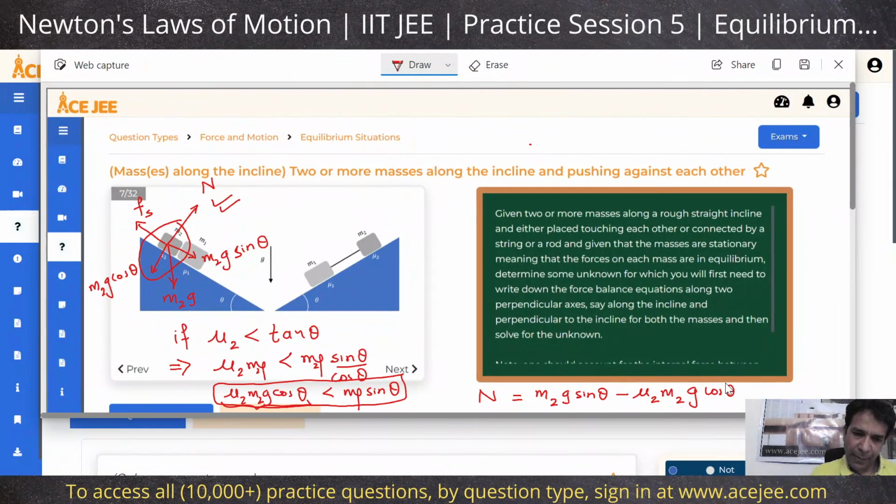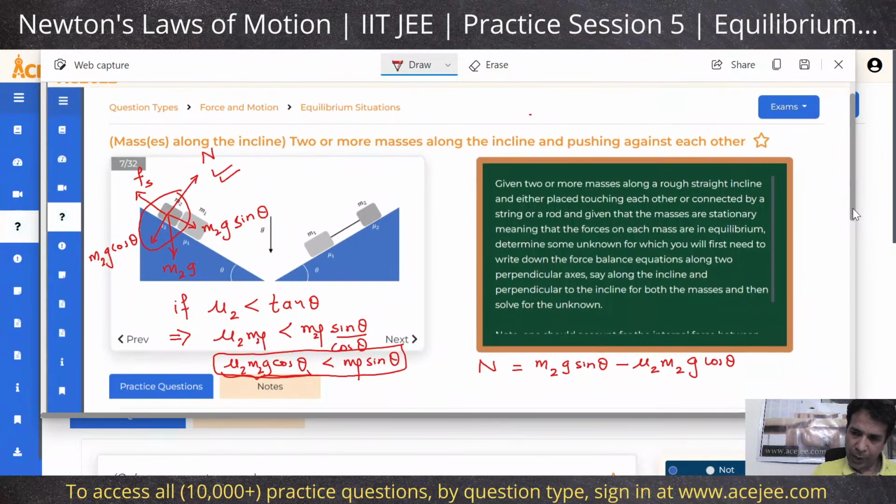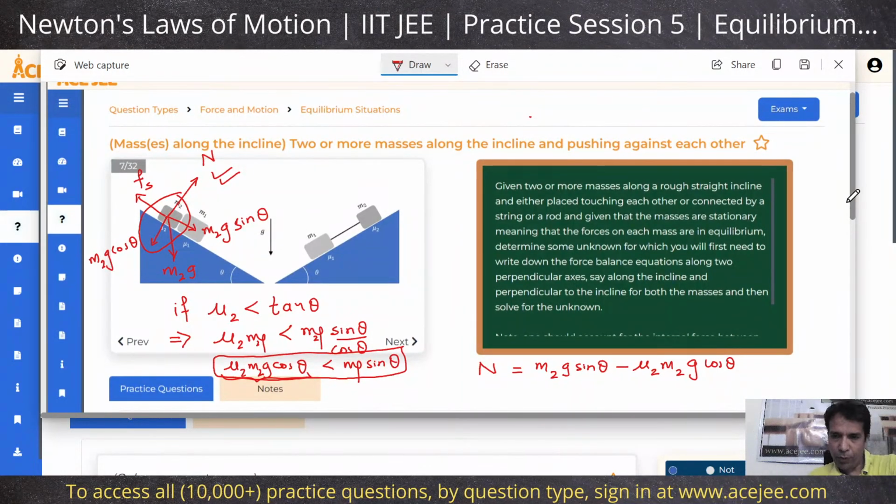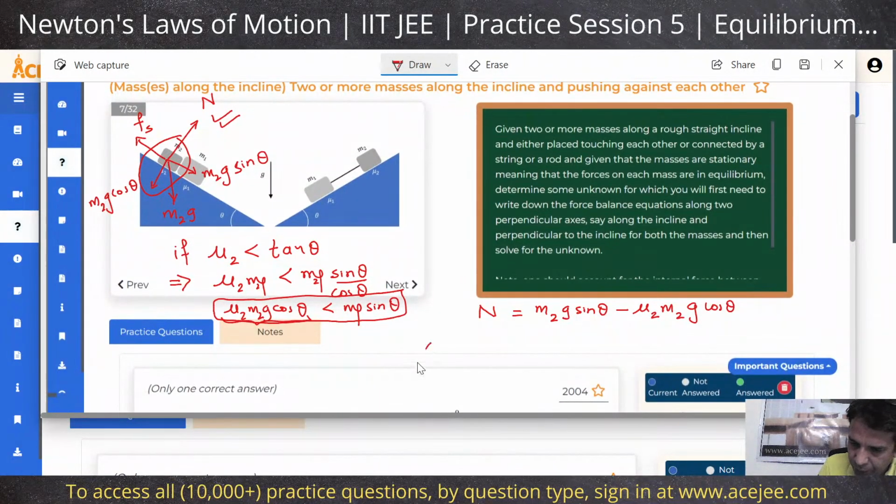So now if I were to draw the free body diagram of M1, what will I have? I'll have this. So here is my M1. The gravitational pull is M1G. This is M1G sine theta.